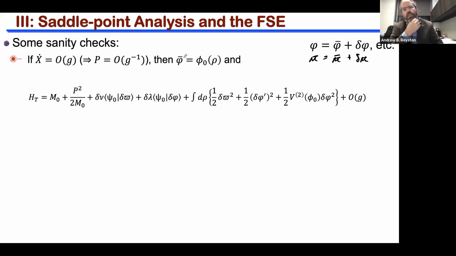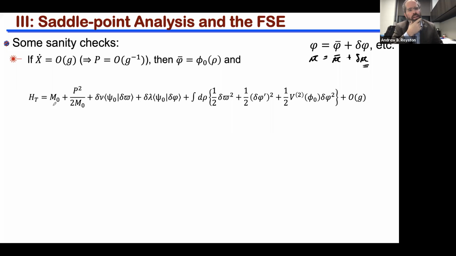Taking the background to be the static soliton profile itself is a good approximate saddle point to the equations of motion. It's not an exact one, but if we plug in that approximate solution, then expand the Hamiltonian in these fluctuations, we get this result here.